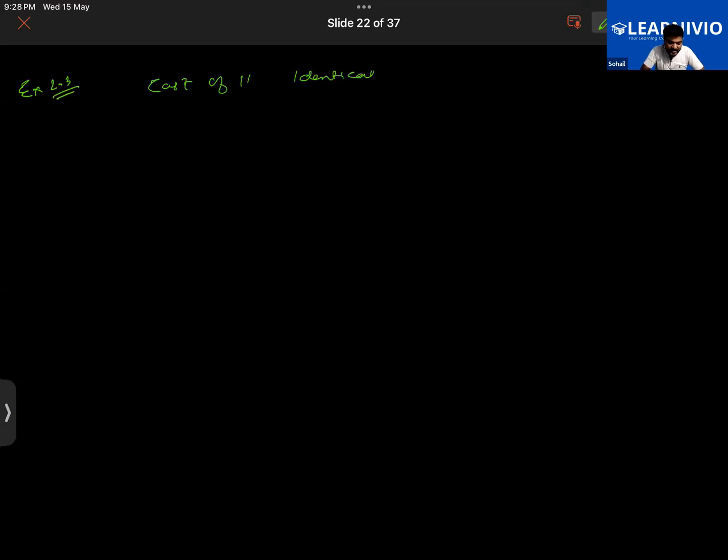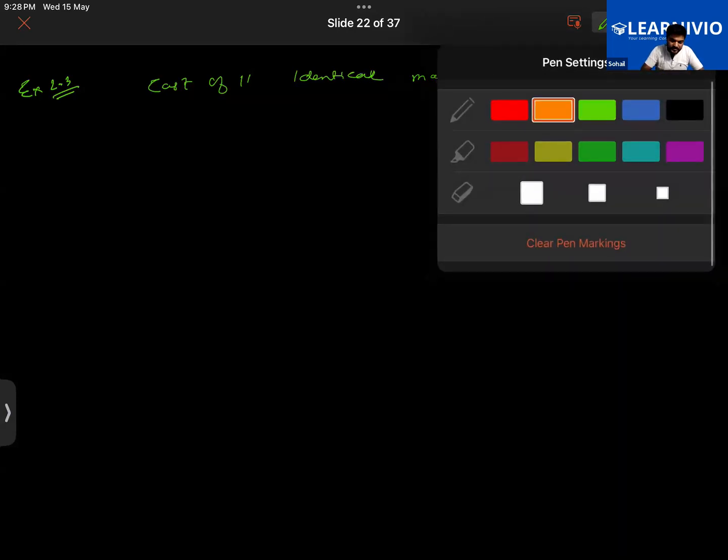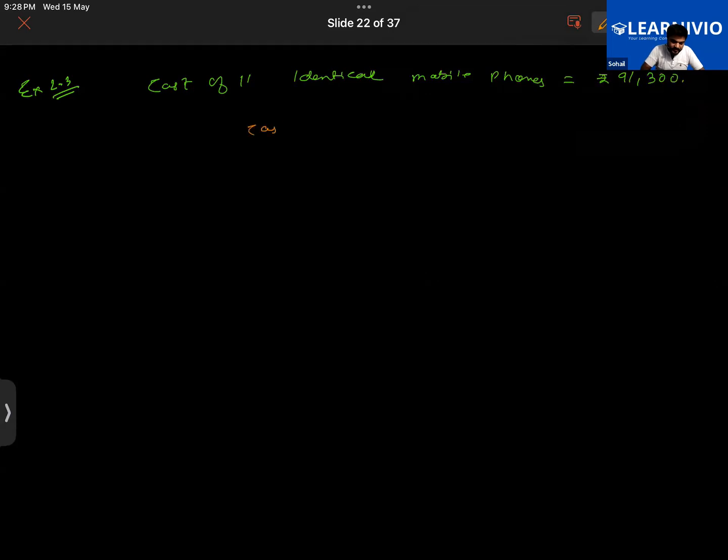The question was saying the cost of identical mobile phones. How much is the value, Sumaya? The value is rupees 91,300, right? So the cost of 11 identical mobiles is this much. So you have to find the cost.